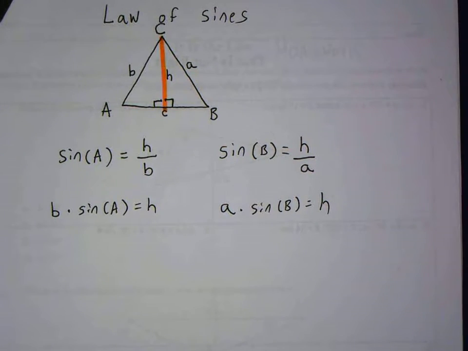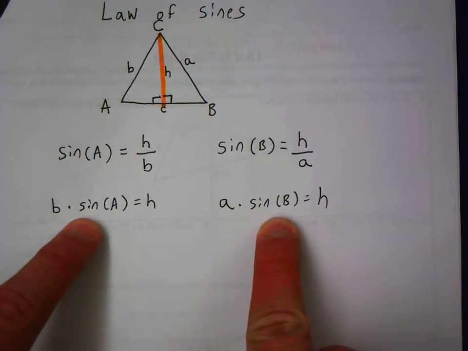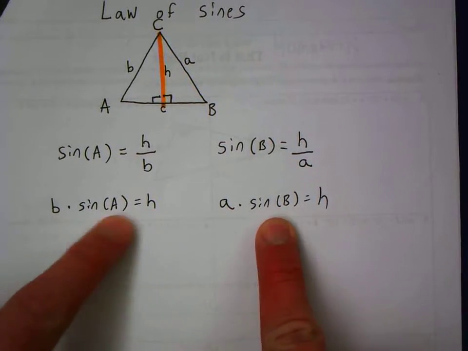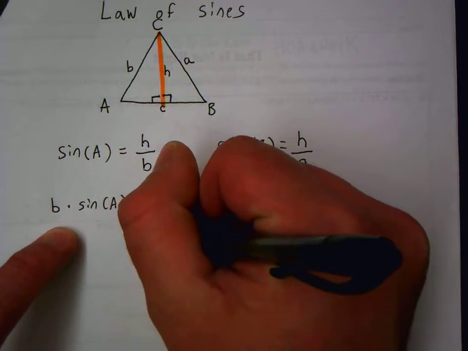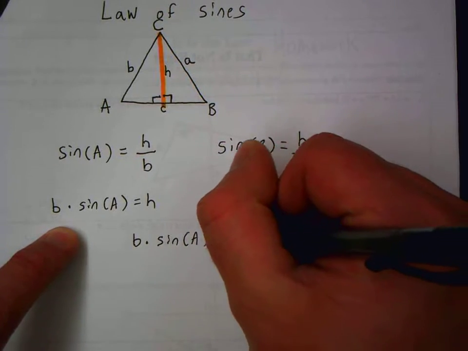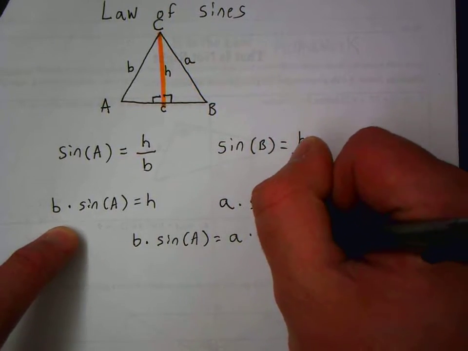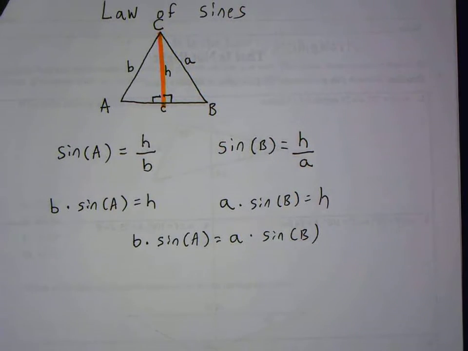Now, if this equals h and that equals h, then these must be equal because h equals h. So now I can put the formula b times sine of A equals a times sine of B. If they both equal h, then they both equal each other.